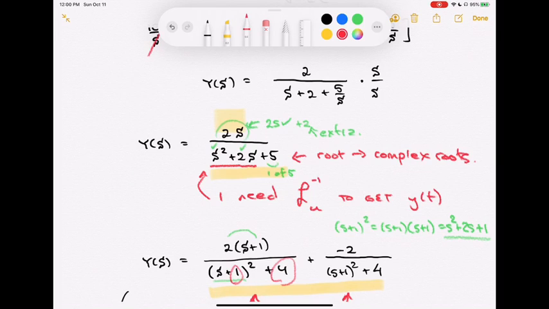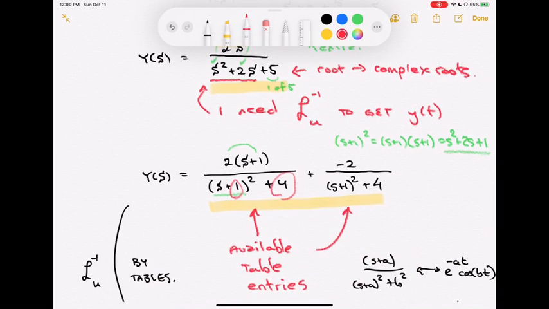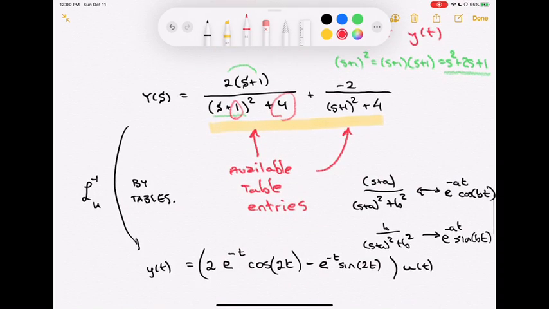Instead of doing that, I avoided that simplification step by just recognizing that if I keep a complex root combined with its conjugate, there are usually table forms that allow us to handle these conjugate pairs using all real coefficients. I scanned through those tables and I noticed that there are 2 table entries that look something like s plus a over s plus a squared plus b squared, and something that looked like b over s plus a squared plus b squared.